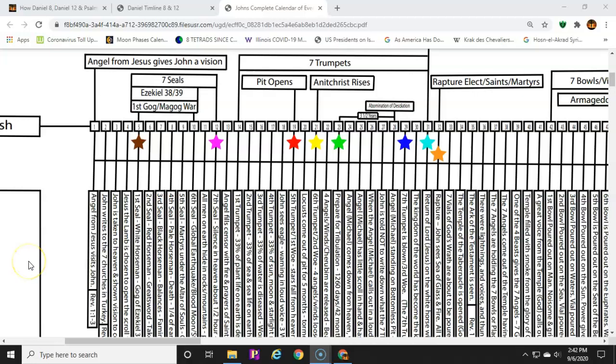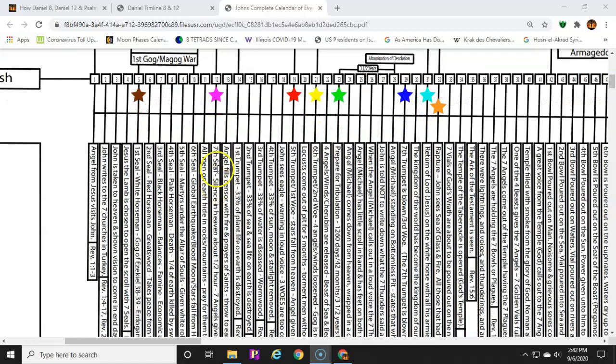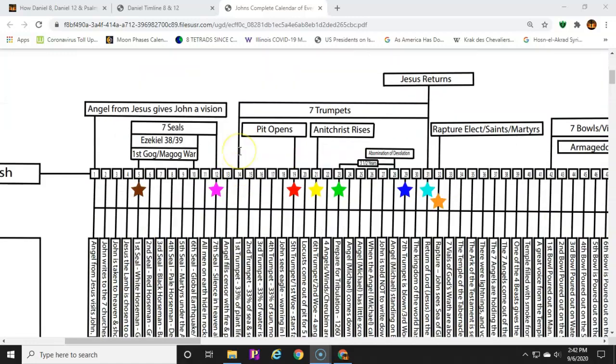That warning, or in Revelation 8:1 and 2, it tells us when he breaks the 7th seal, which means all of the 6 seals prior are broken, that then he has a half an hour of silence, and then he hands out the 7 trumpets.